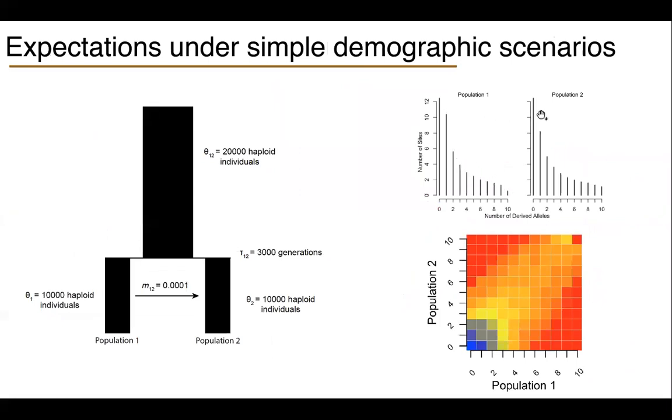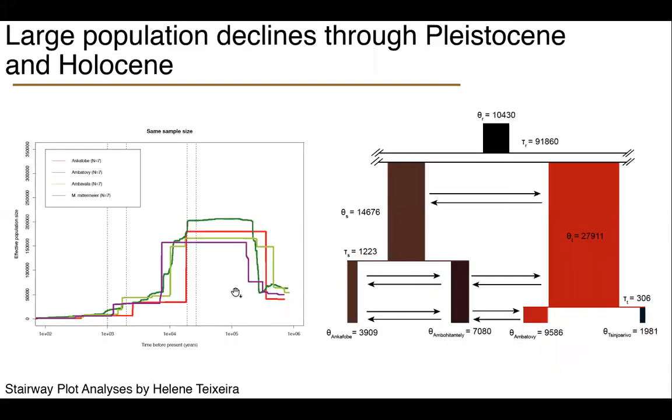They'll follow these sort of exponential distributions, and that exact shape depends on those demographic parameters. And once we obtain these multiple site frequency spectra, those can be used as input to evaluate different demographic models or look at population size change through time.